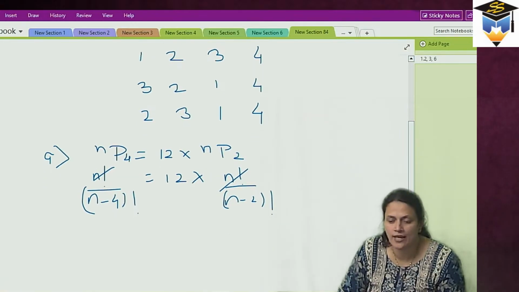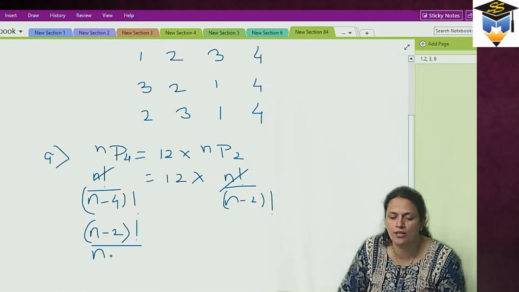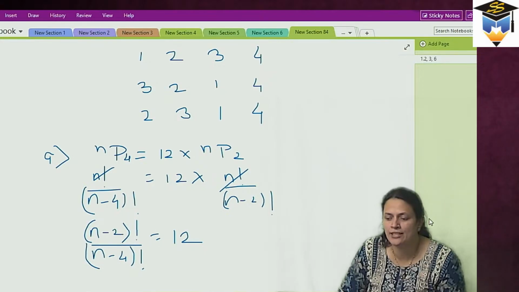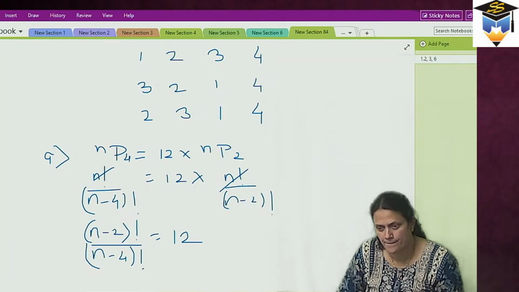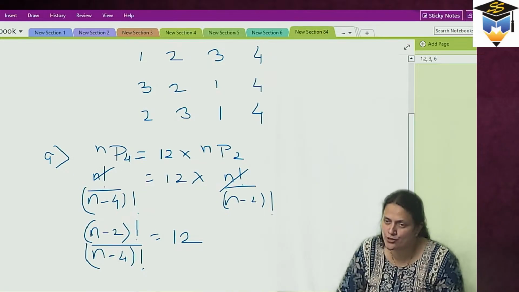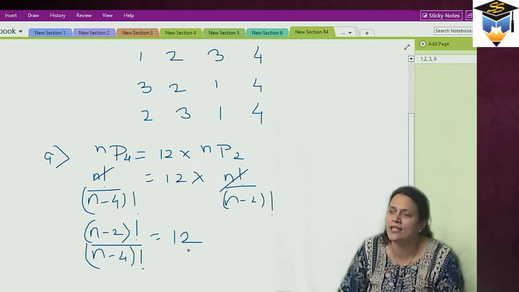I can write this as n minus 2 factorial upon n minus 4 factorial is equal to 12. Cross multiply. Now can I write n minus 2 factorial as n minus 2 into n minus 3 into n minus 4 factorial?